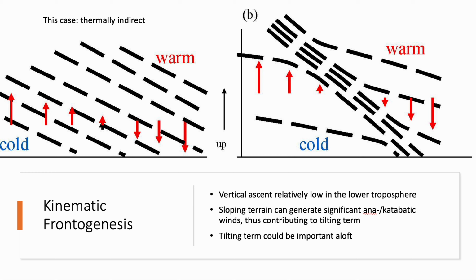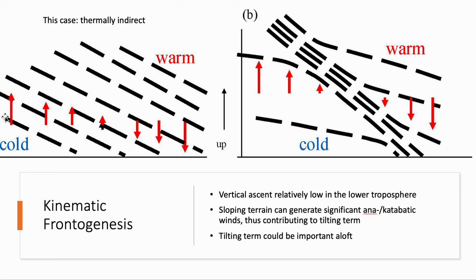Next up is the tilting term. And imagine that you have, as is often the case, some sloped isentropes over here. So you have a cold region over here and a warm region over here. And imagine that for whatever reason, you have cold air that is ascending here and warm air that is descending here. This is what is known as a thermally indirect circulation, because thermodynamics will have you do the opposite. It will have you go up in the warm and down in the cold.